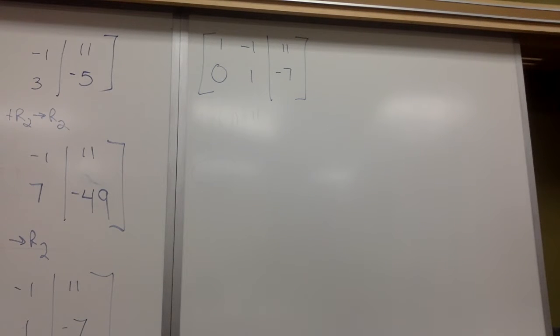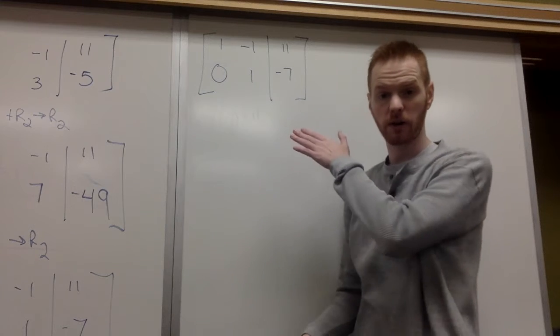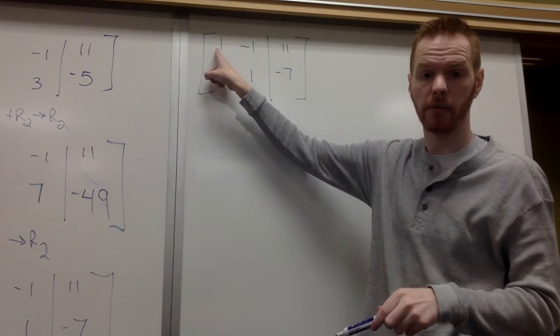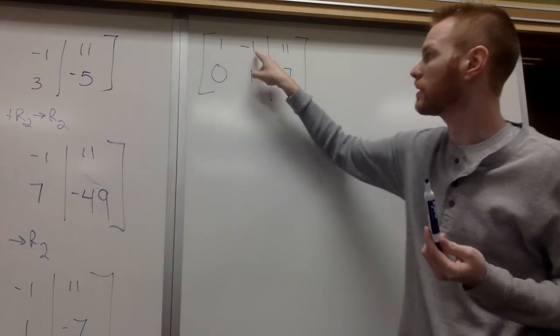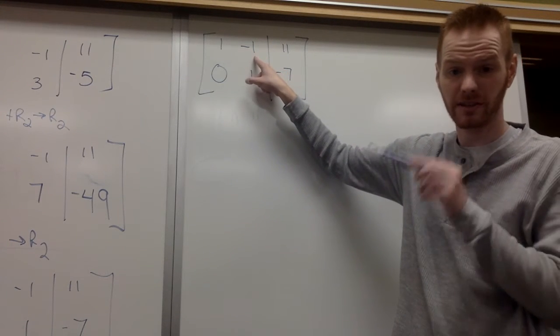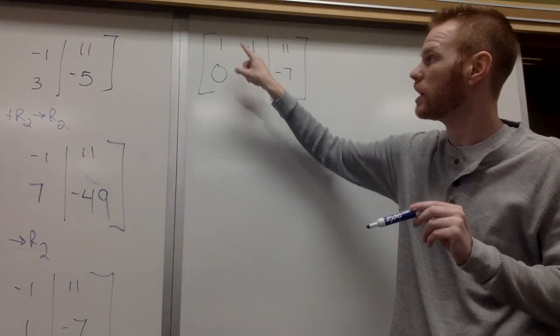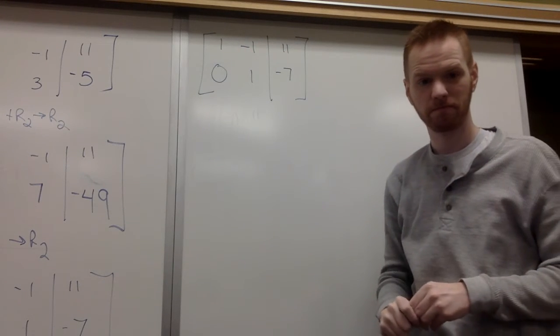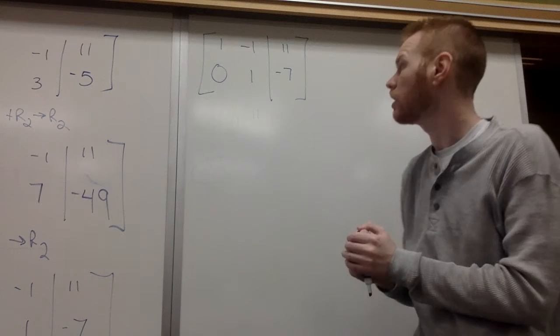Okay, so what do I do next? Well, I know what y is, right? So up here, I just want x to have a 1. I want this guy to be a 0. So that way the top row reads 1x plus 0y equals whatever the number is. Okay, so let's do that.